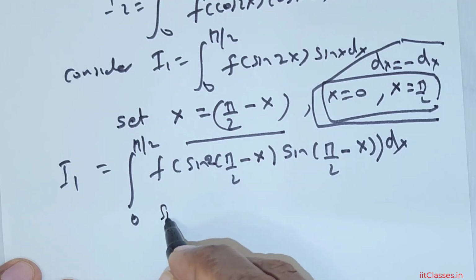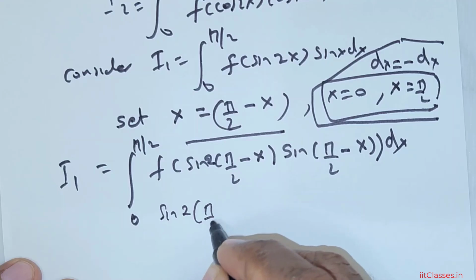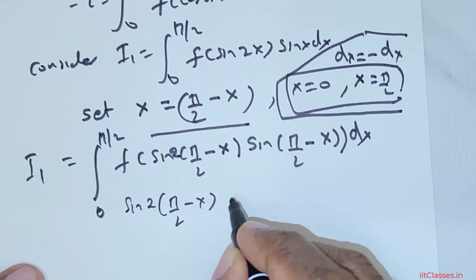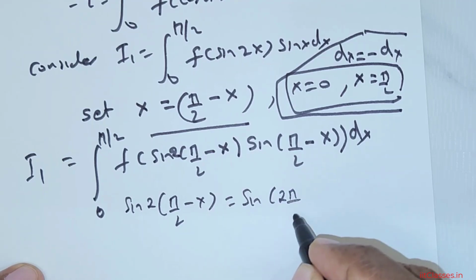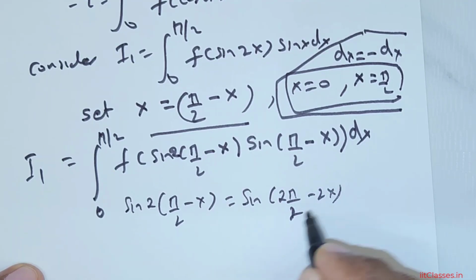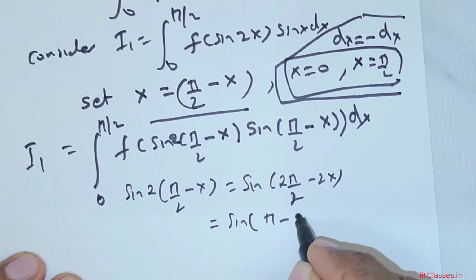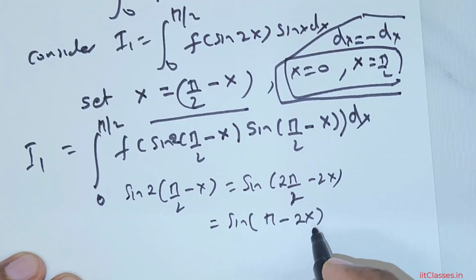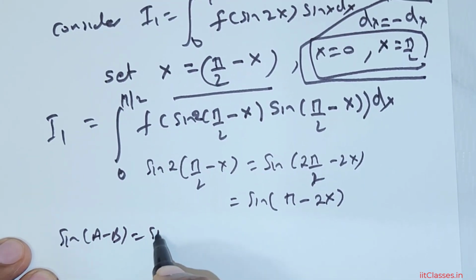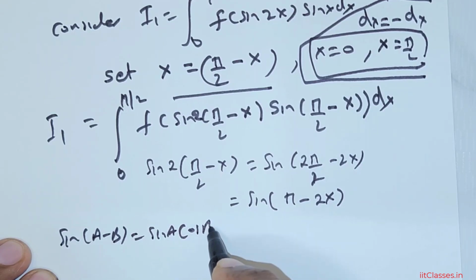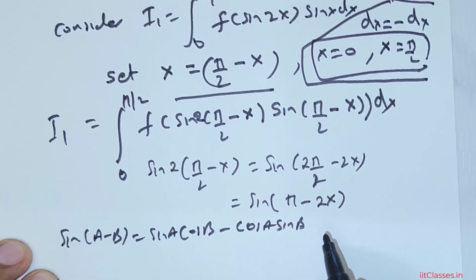So let me just work on sine 2 of pi over 2 minus x. This is rewritten as sine of 2 times pi over 2 minus 2x, which is equal to sine of pi minus 2x. Now I am using the sine of a minus b formula, which is sine a cos b minus cos a sine b.